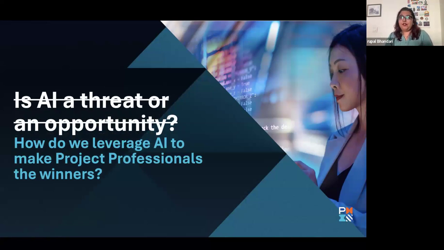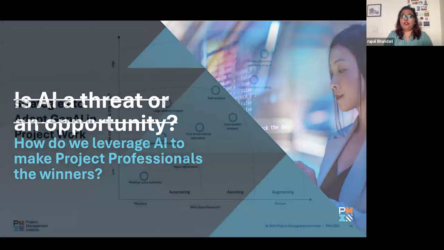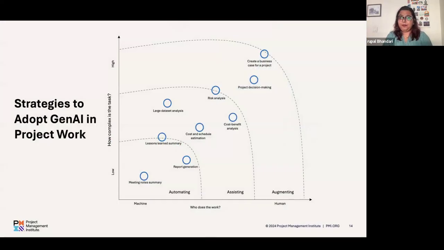We don't want project professionals who are not skilled for the job they want to do. We don't want project professionals who feel like they are not completely skilled for their workforce. They completely don't know what's going on right now. They feel like their jobs might be under threat from AI. We don't want that. So we want the conversation to be about how project professionals become the winners? And today's conversation is going to be focused on that.